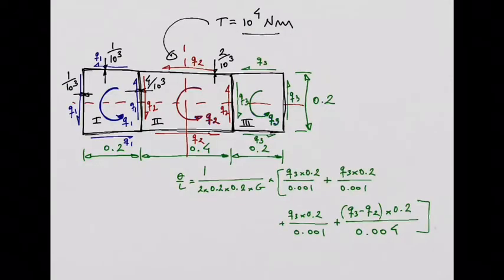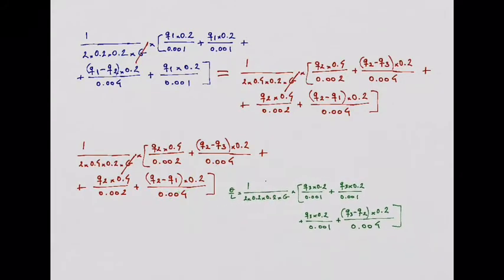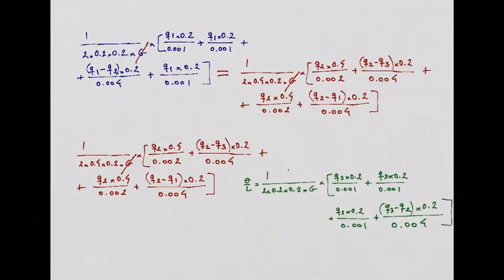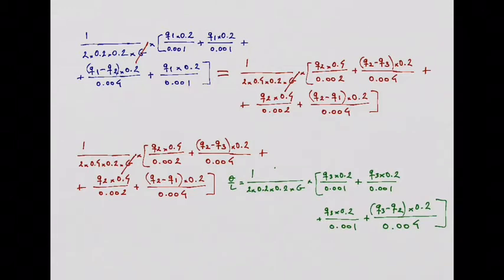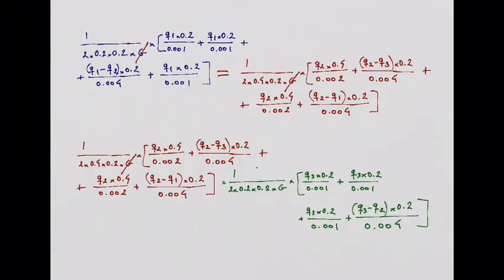Now I need the twist angle for cell number 3, which is this one here in green, right? Two equations, right? So this G, as you can see, the G also cancels, the modulus of rigidity.